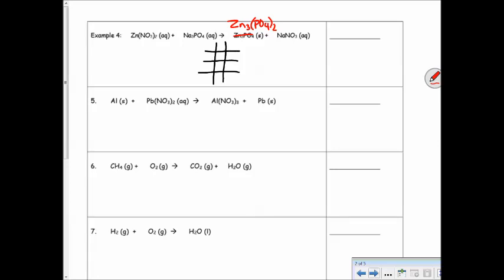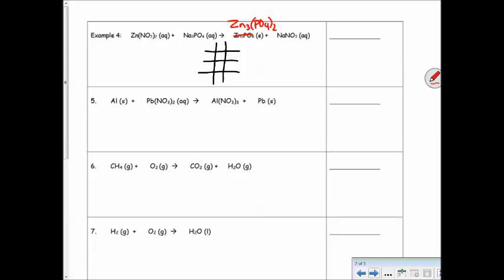Phosphate, PO4, has a -3, so if we crisscross them correctly, the Zn should get a 3, the PO4 should get a 2. So you might have that typo on your paper. It was messed up there, so please correct that or it won't balance correctly and you'll have lots of trouble trying to balance it. So please make that correction before you begin.